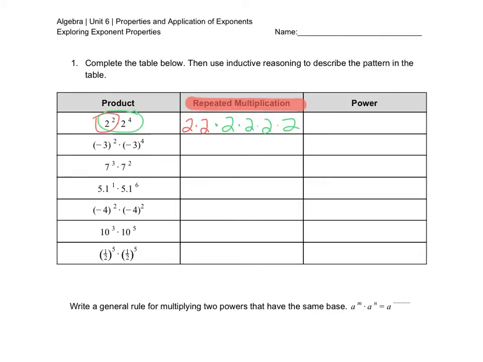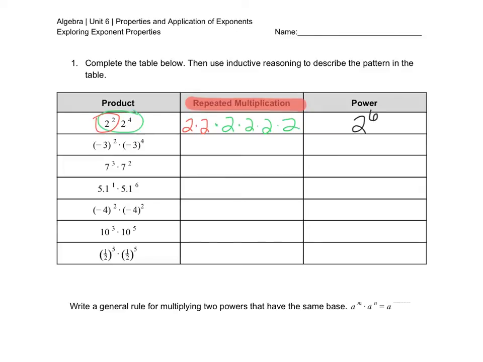So now I have 2 times 2 times 2 times 2 times 2 times 2. If I were to express that as a power, my base is 2, and my exponent here is going to be 6. So 2 squared times 2 to the 4th is 2 to the 6th power.